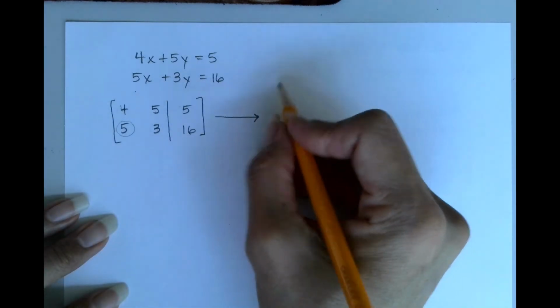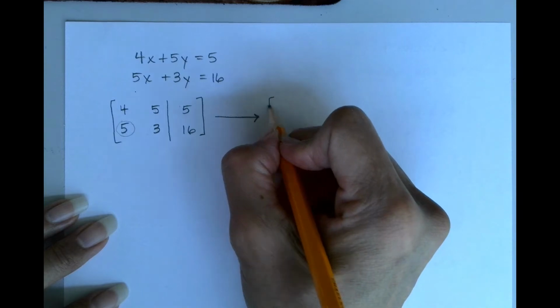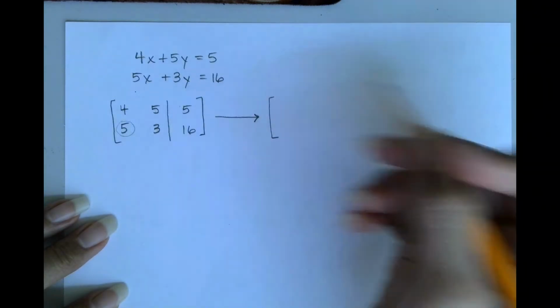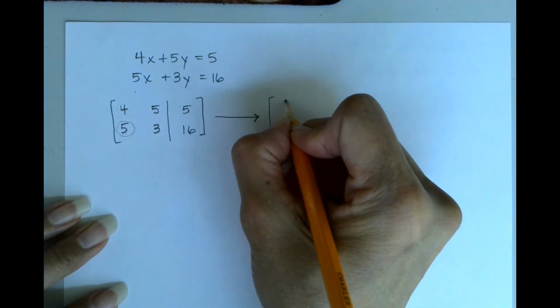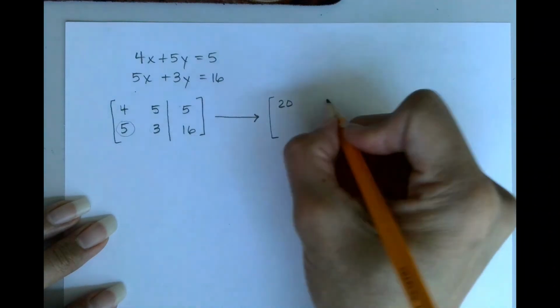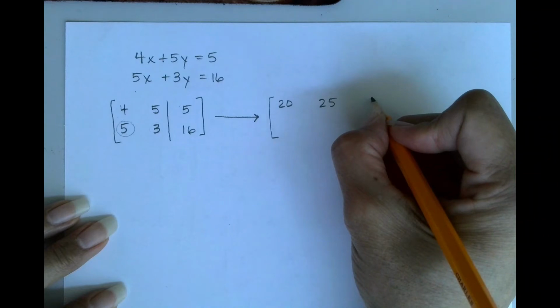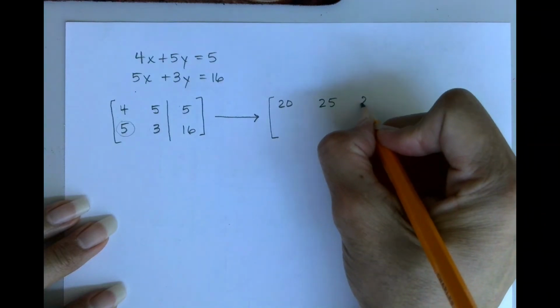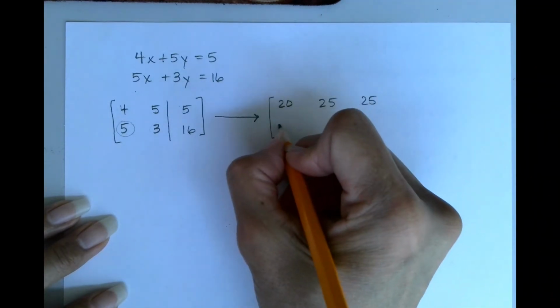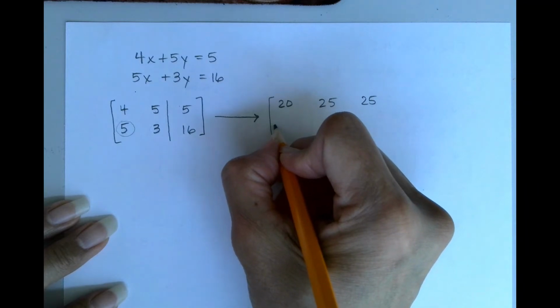So visually, just to help you see it, some of you can do it totally in your head. I'm going to just show all the work steps just to make it easier for some of you. Okay, so I'm going to multiply the top row by 5 and the bottom row by -4.